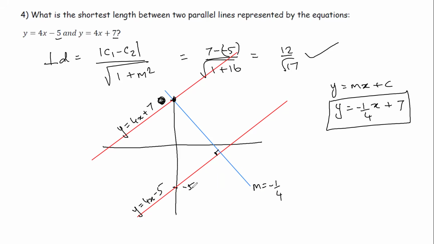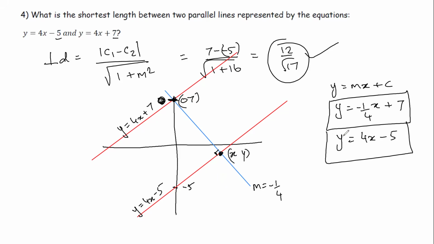Now I already know the coordinates of this point is 0, 7. I need to find out the coordinates of this point out here. So therefore, I'm going to use this equation with the second line equation, 4x minus 5, and solve them simultaneously, and I'll get my x and y points out here. Once I get that, I use the distance formula to get this answer. So let's solve this first. 4x minus 5 is equal to negative 1 by 4 x plus 7.